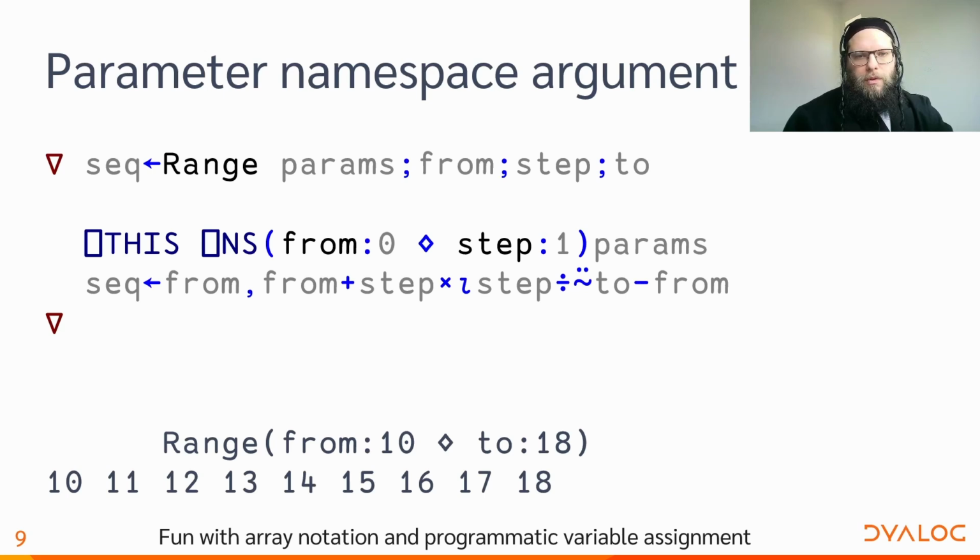So what happens here is we have quad this, that's the current namespace, and we have two namespaces on the right. The first one is a literal notation namespace, and the second one is the one that's named params. So first we merge in the from being 0 and the step being 1. That sets from to 0 and step to 1 in the current namespace, and they're local.